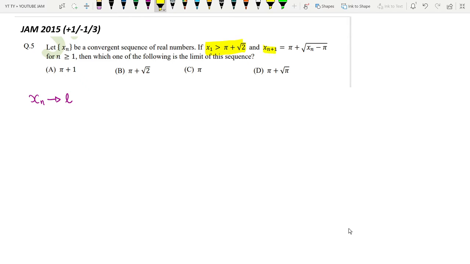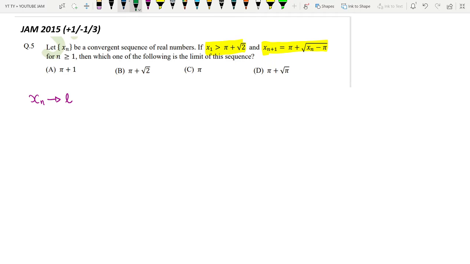And the other information is my xn plus 1 is actually nothing but pi plus root of xn minus pi. So the next term is obtained from the previous term. Right? Based on this information, we have to find out the limit. So whatever is given, let us just try to utilize it.